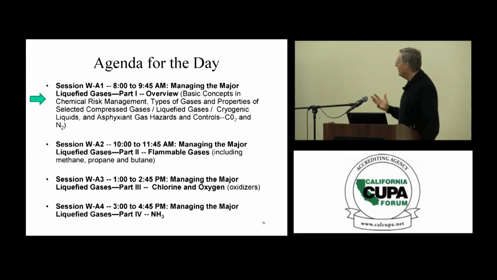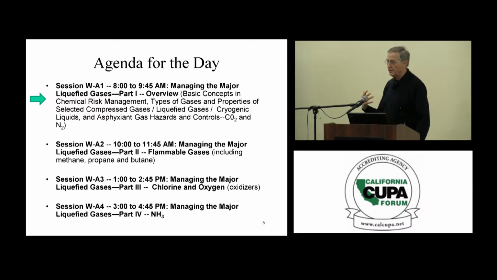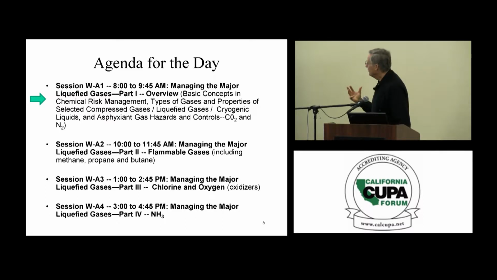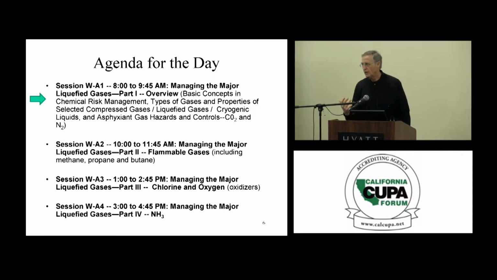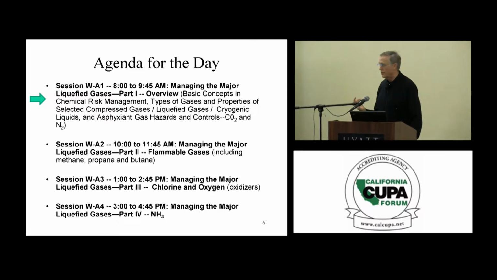During the day, we're going to talk about in these different sessions different gases and some different emphasis. In the first session, as I mentioned, we're going to talk about some basics on risk management. I'm going to talk about specific properties as to how one can determine whether or not a gas can ever be liquefied.